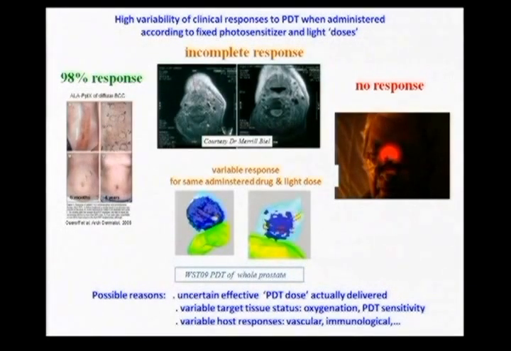He was given Photofrin and a lot of light. Nothing happened. Zero. We treated him again. Zero. So this was a case of complete non-response. He had lots of drug, lots of light, nothing happened.